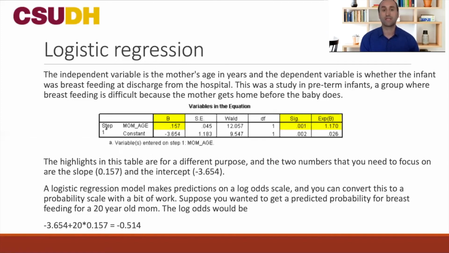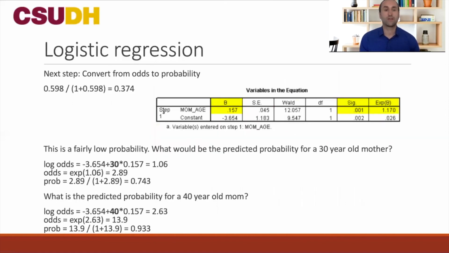If we take the exponent of both sides, we get just the odds term, and that odds term is 0.598. We then convert that from odds into probability, and this gives us a probability of 37%, which is a fairly low probability. In other words, there is a fairly low probability that a mother of a preterm child is going to breastfeed, according to this data.